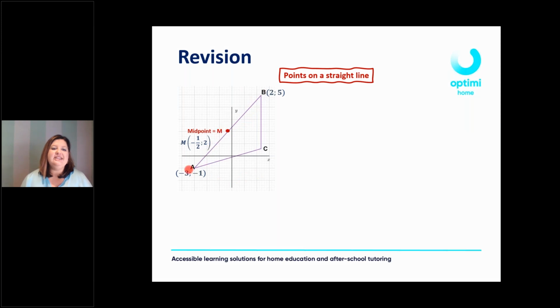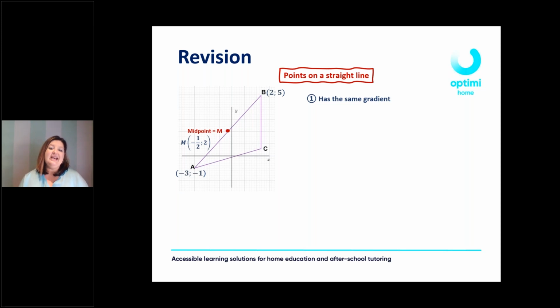So if I look at this A to B, the midpoint is actually a point on the same line, on a straight line. So I can say that points that are on a straight line, collinear points, they use that term a lot. So remember that, collinear points.